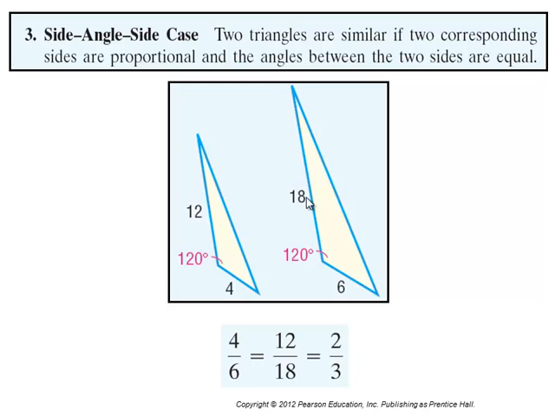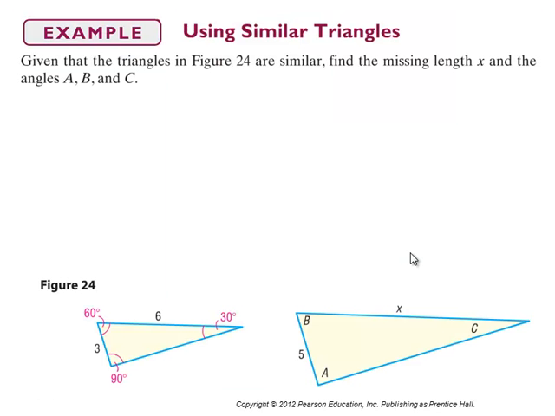Actually, a proportion is an equation involving ratio, so I should really be more specific. Is the ratio of the side lengths the same? Is 4 to 12 the same as 6 is to 18? Or I could ask, is 4 is to 6 the same as 12 is to 18? Are those ratios the same? And if the answer is yes, then your two triangles are similar. So for example, suppose that we've got this triangle here and this triangle here as well.